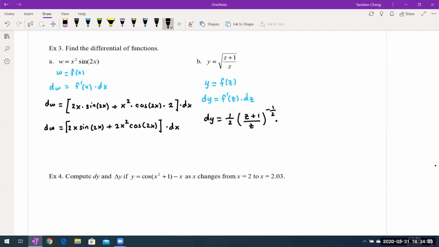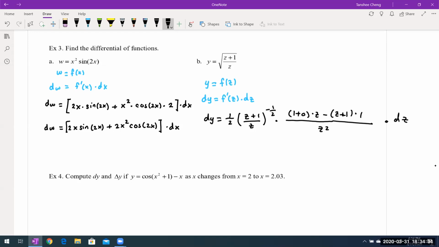Now, because of the chain rule, I have to take the derivative inside, which, using the quotient rule, is the derivative of the numerator, 1 plus 0, times z, minus (z plus 1) times the derivative of the denominator, which gives me 1, all over z squared. And then don't forget, we need to multiply everything by dz.